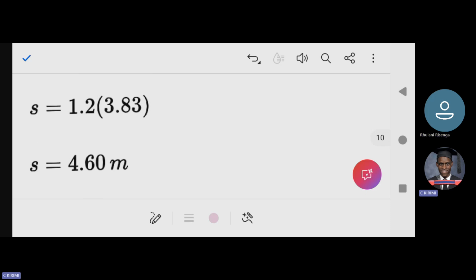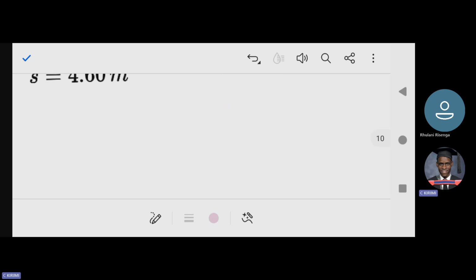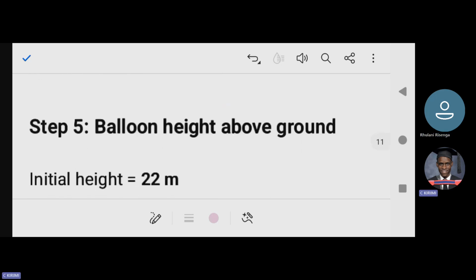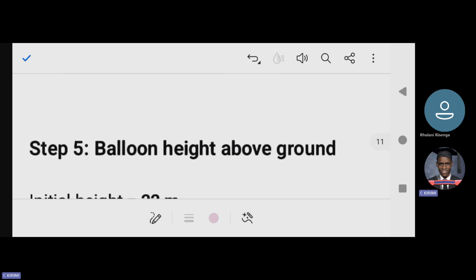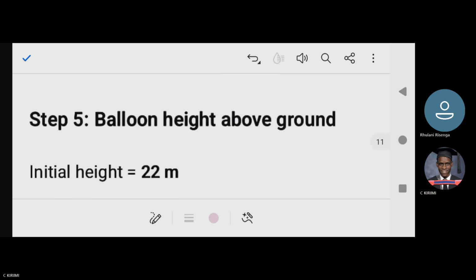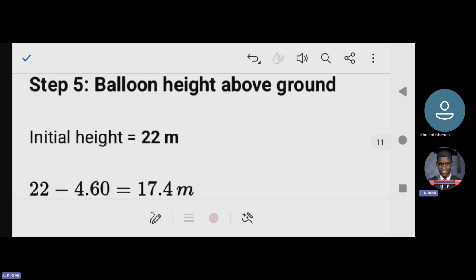Okay. If you are following, let's move on. So that is the distance, approximately 4,60 meters. Then the balloon height above ground, if it had traveled 4,60 meters. The initial height of the balloon was 22 meters.